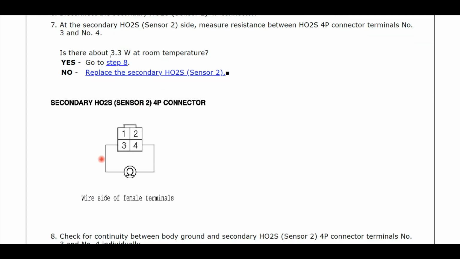That one, because it's showing us here we have to check in between pin 3 and 4, and it is saying it has to be at room temperature and 3.3 watts. Wrong information. Okay, keep in mind that.